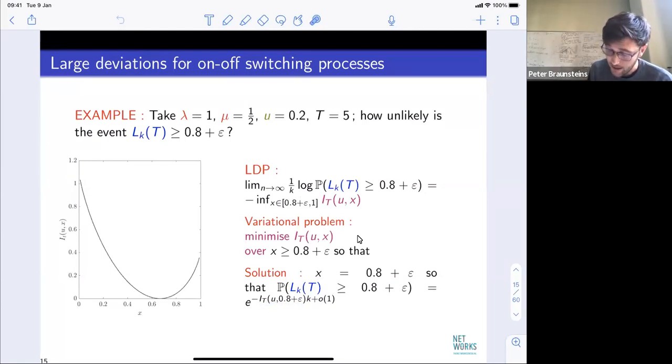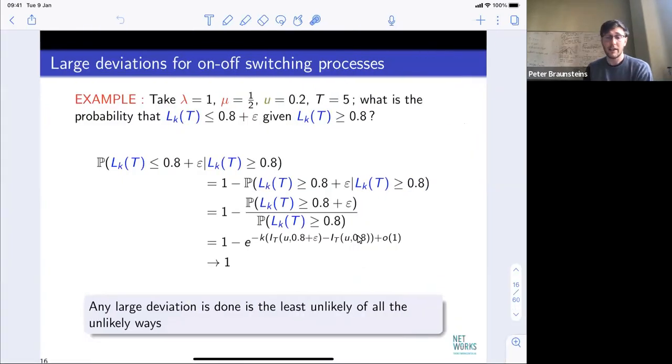And we see that as k becomes large, the event that the edge density is greater than or equal to 0.8 plus epsilon becomes infinitely less likely than the event that the edge density is greater than or equal to just 0.8. We can use this observation to derive a general fact.